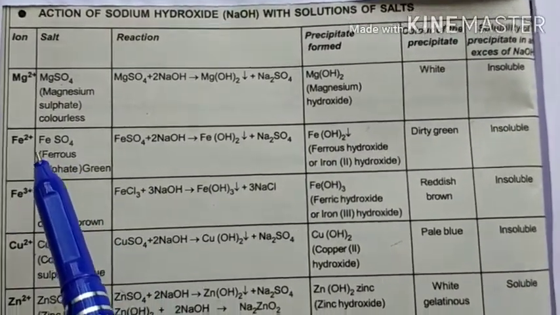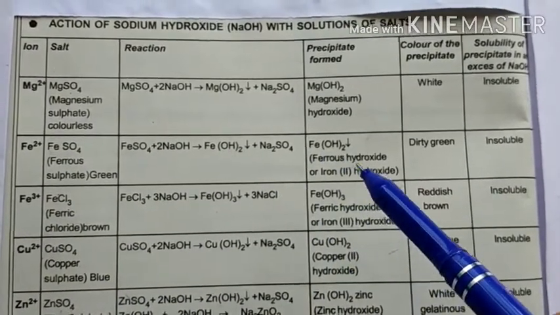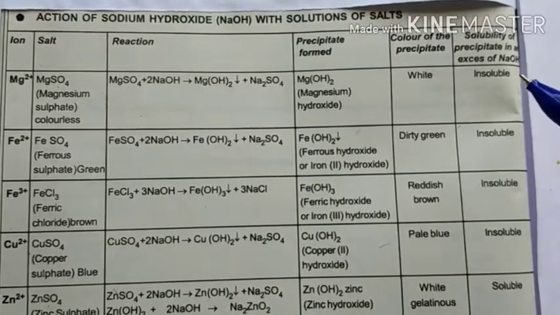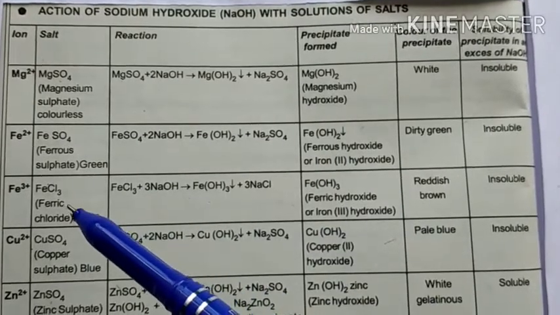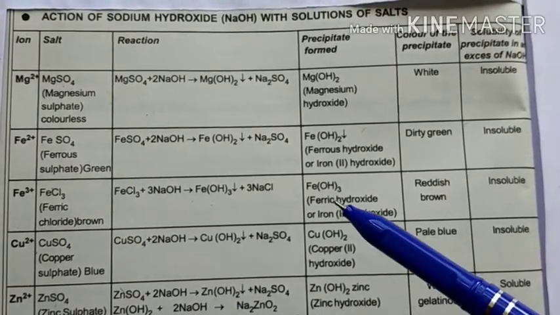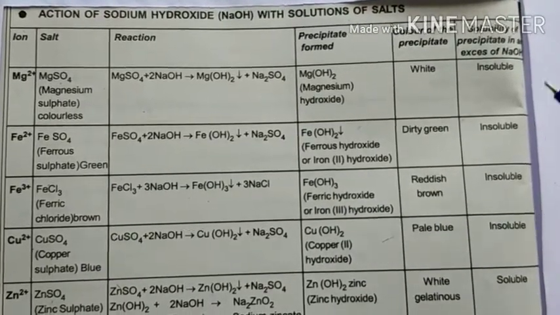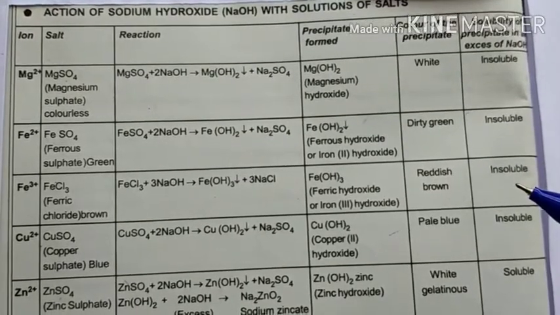Whenever it is iron, ferrous salt forms ferrous hydroxide, which is dirty green in color, and with excess NaOH it still remains insoluble. In ferric salt, if we add NaOH, it will form ferric hydroxide, which is reddish brown in color, and with excess NaOH it still remains insoluble.